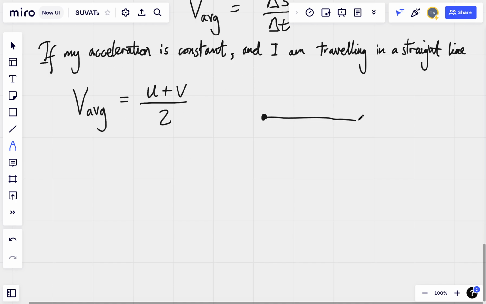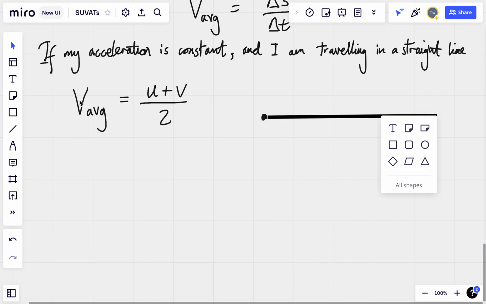Okay, so you can imagine if I travel in a straight line, like so. Okay, my acceleration is constant.